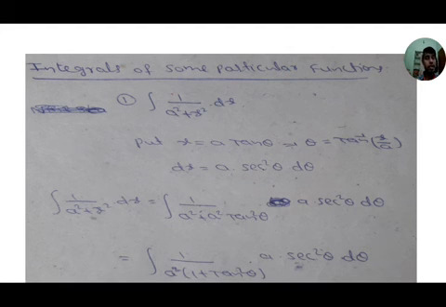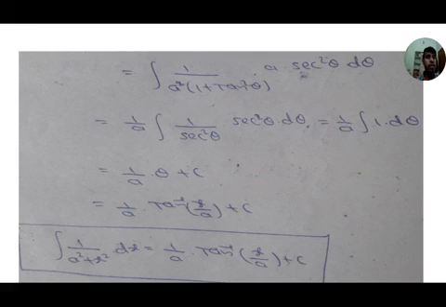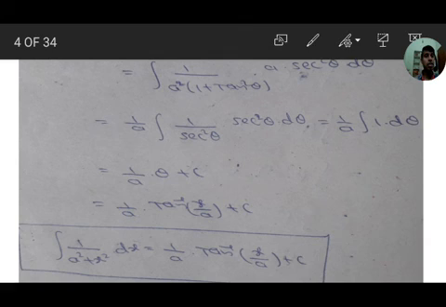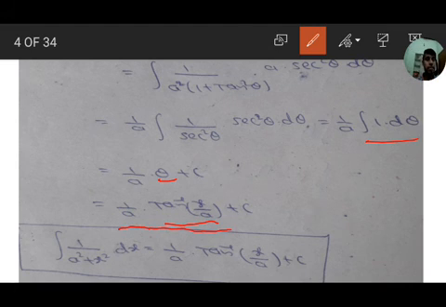and in the denominator a square is common, we get 1 plus tan square theta, the remaining is the same, and a cancels, we get 1 by a outside. 1 plus tan square theta means sec square theta, sec square theta cancels, we get 1 into d theta, the integration of 1 is theta, so 1 by a into theta, and theta means tan inverse x by a, so 1 by a into tan inverse x by a.